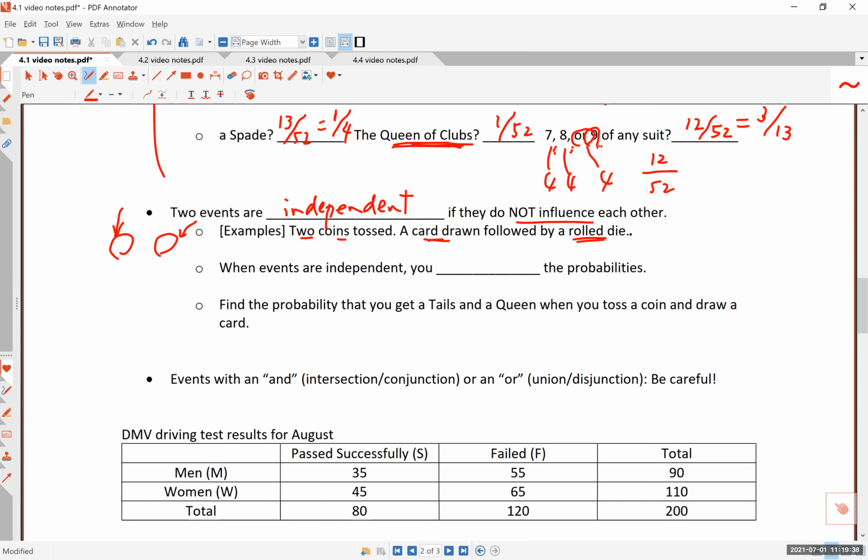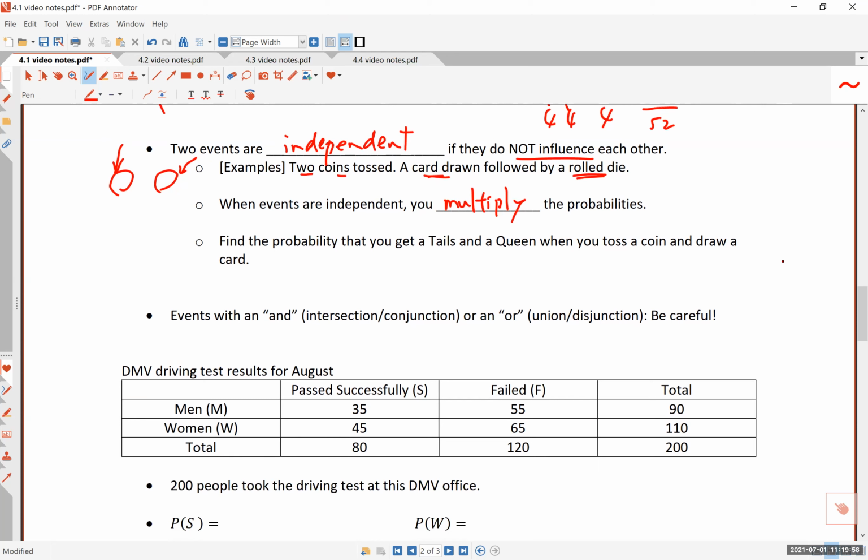When events are independent, okay, there's an easy and convenient way to calculate the probability. If 2 events are independent, then you multiply the probabilities of these 2 independent events, and that would be the probability of those 2 events occurring together, right?